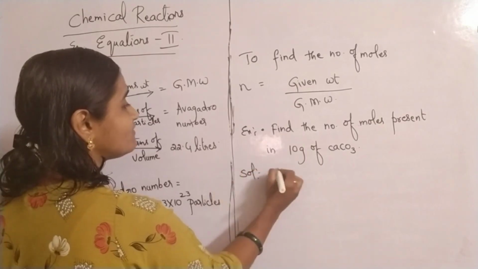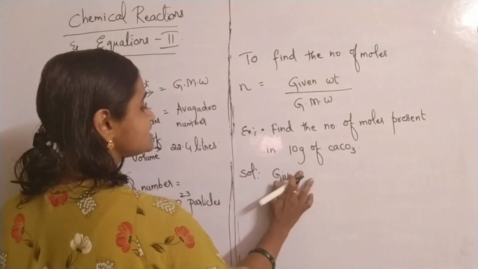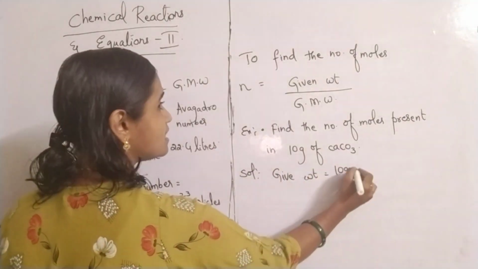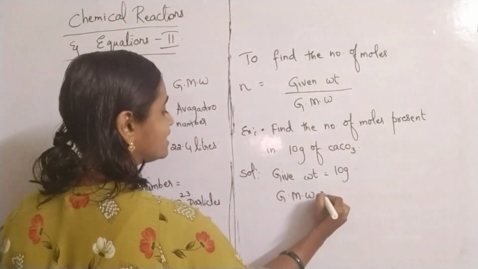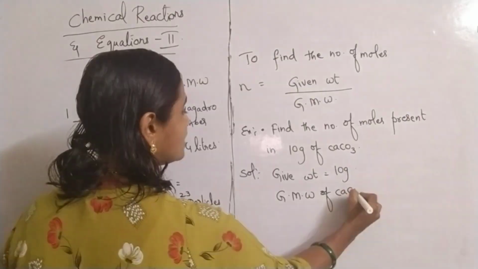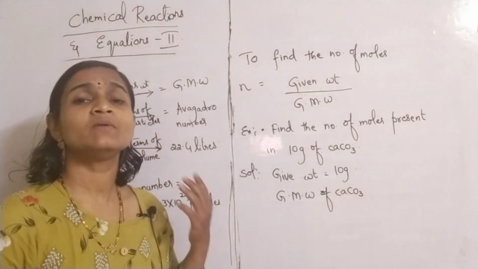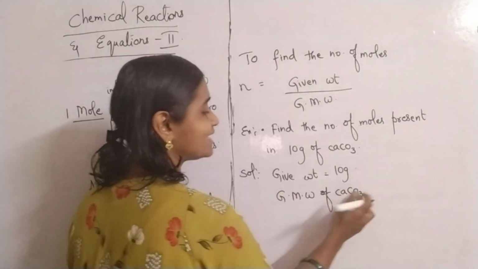Solution: given weight is 10 grams. Gram molecular weight, GMW, of CaCO3, is how much? You have to remember the atomic masses of elements from 1 to 30. Then it can be easily calculated.